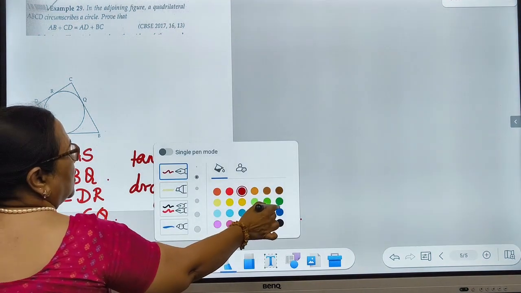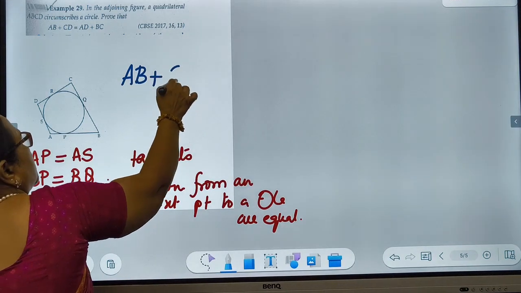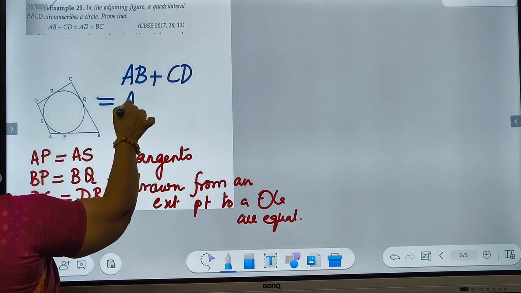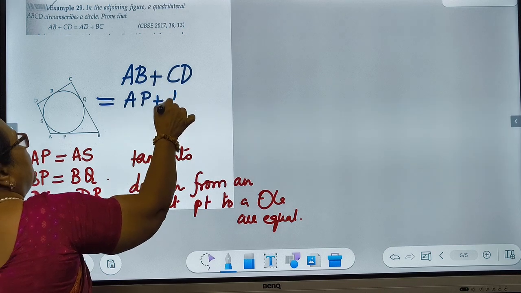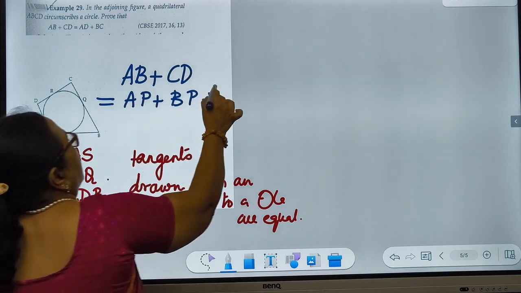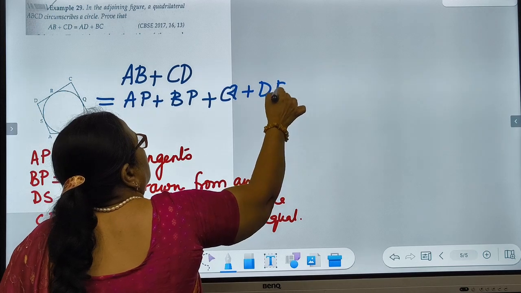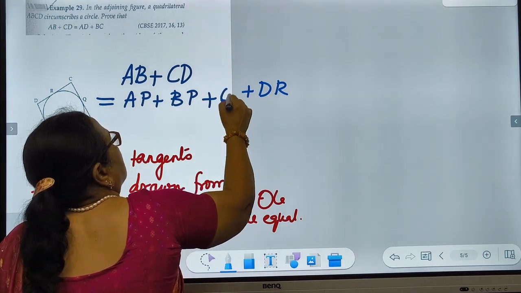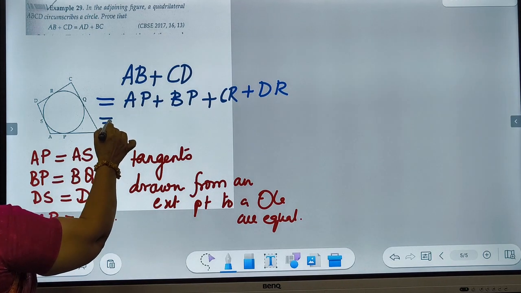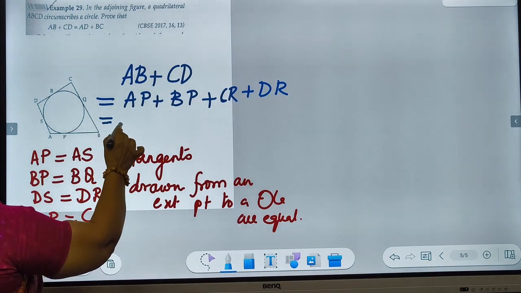So we have to look at what is AB plus CD. Now AB, I can write it as AP plus BP. Now CD, I can write it as CR plus DR. Now AP is equal to what?